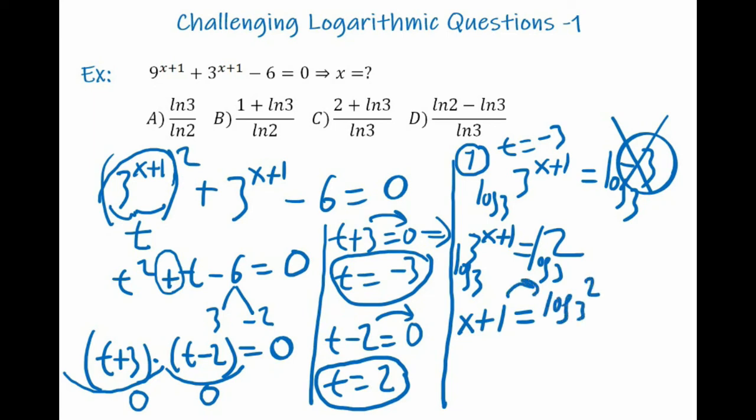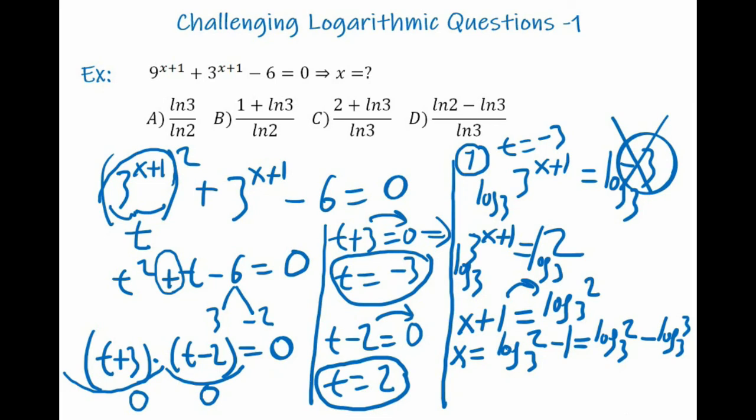And then just send 1 to the right, so x is going to be alone, so x is logarithm of 2 in base 3 minus 1. Instead of minus 1, I can write something like that. This is going to be equal to, at the same time, logarithm of 2 in base 3 minus, instead of 1, I'm going to put logarithm of 3 in base 3, because these are the same.